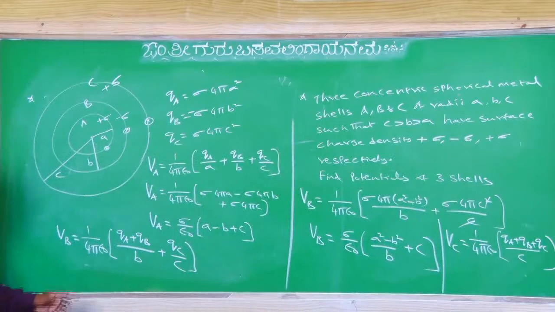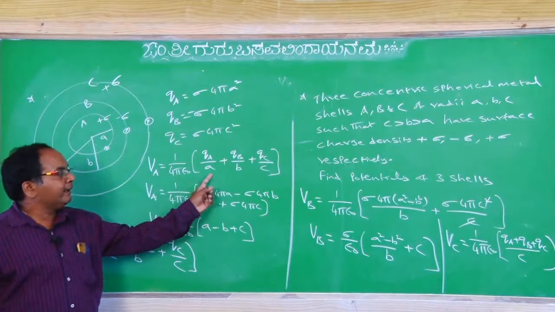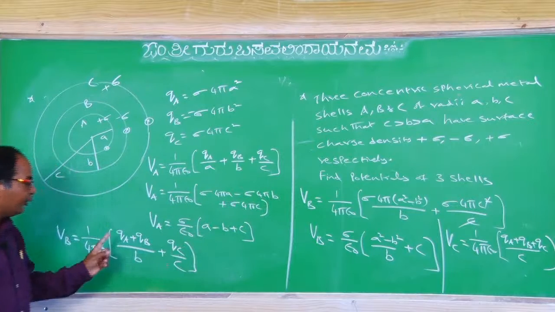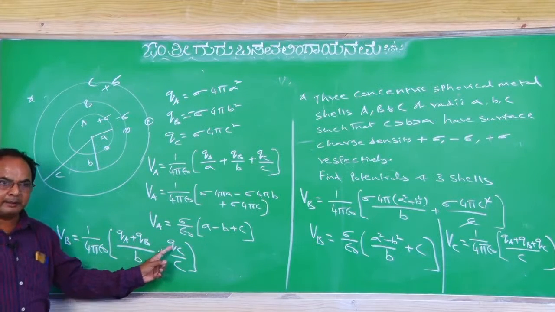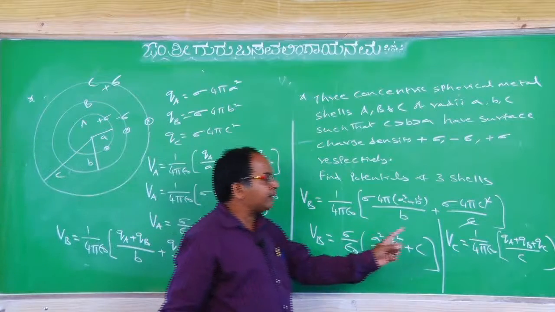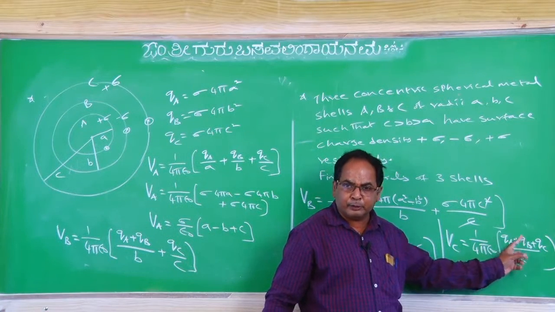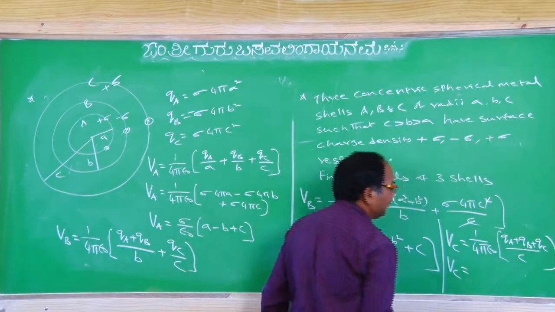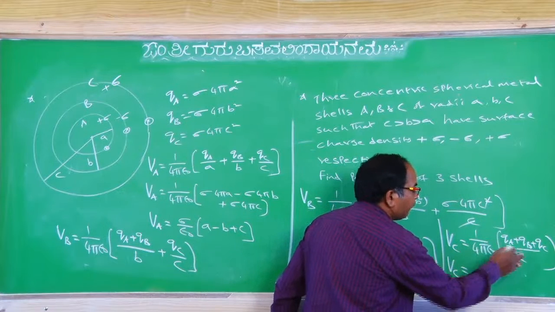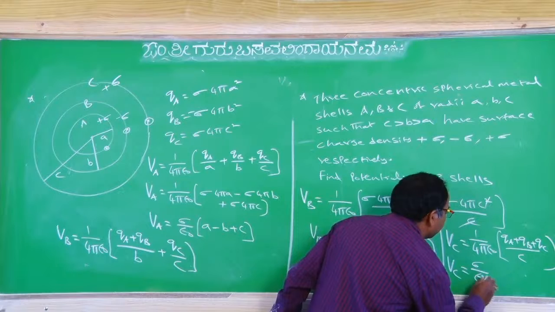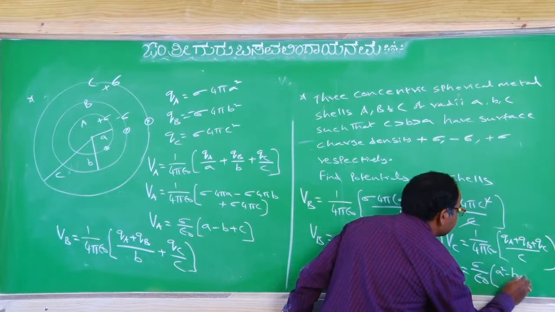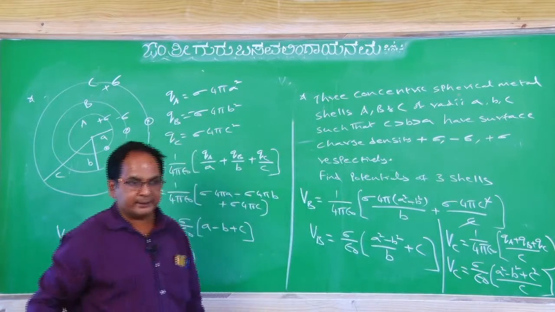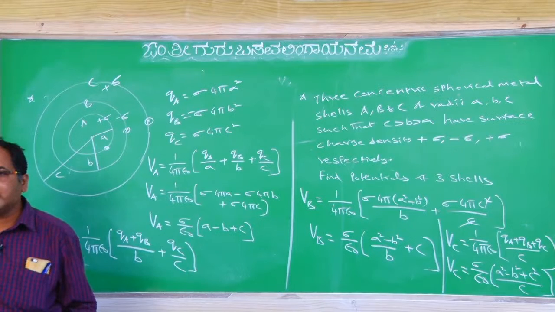At the inner sphere, QA by A plus QB by B plus QC by C. Middle, second sphere: QA plus QB by B, here QC by C. Third sphere, all charges come to the outer sphere, so QA plus QB plus QC divided by C. So this one we may write VC is equal to sigma 4 pi outside, so sigma by epsilon naught into A square minus B square plus C square divided by C. This will be VC.